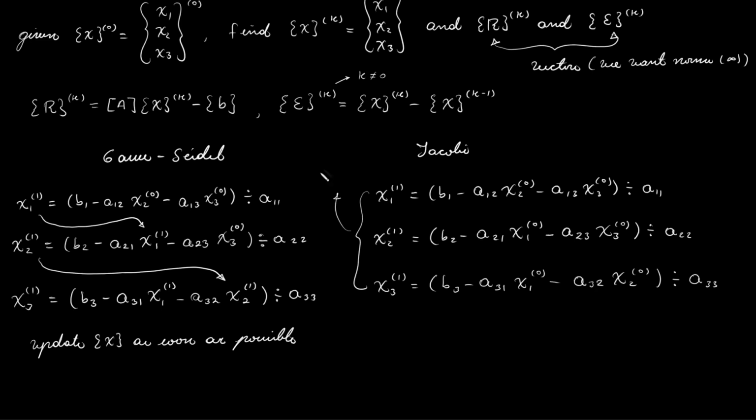All of these values, they're what I call my new iteration, x1. Right, so that's what I'm solving here. Same thing in here. All of those values that I found, all of this x1, x2, and x3, that's what I will call my x vector at the first iteration. There are two different processes of doing the same thing, but one of them is always trying to be up to date.